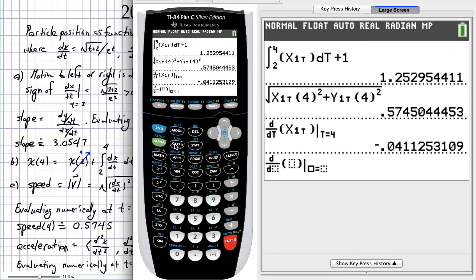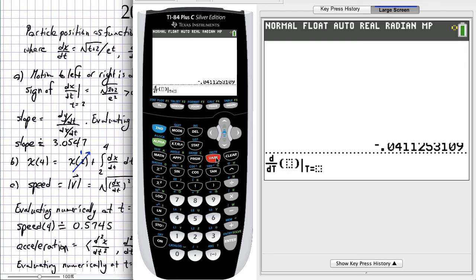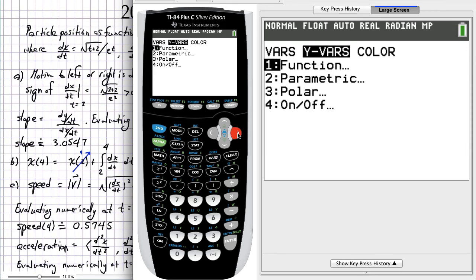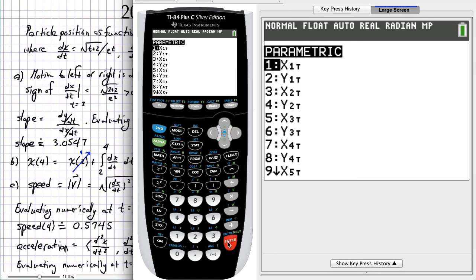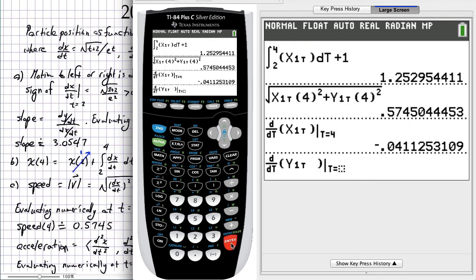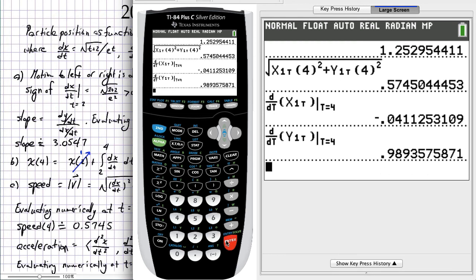We're using t. We're taking a second derivative by taking the derivative of the first derivative. And that first derivative function, again, we stored in y1t. That's all we need there. We're evaluating that at t equals 4. And we've got 0.9893.